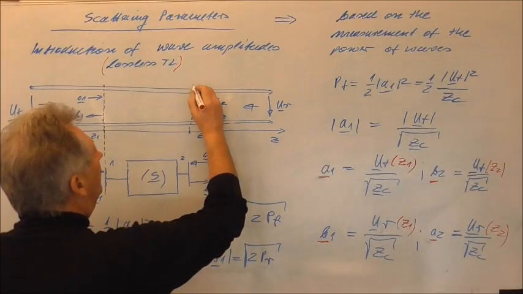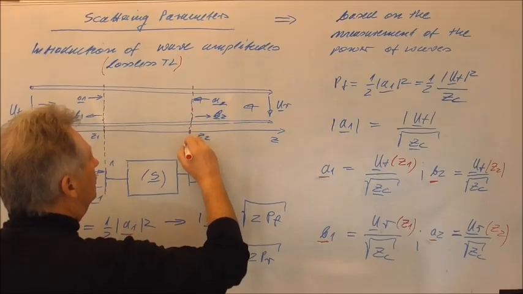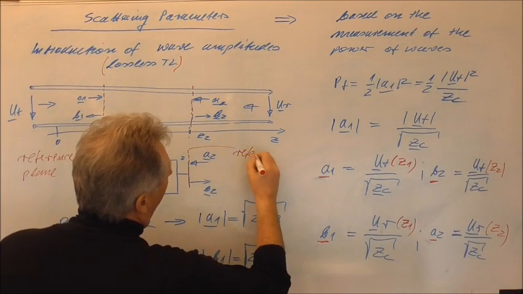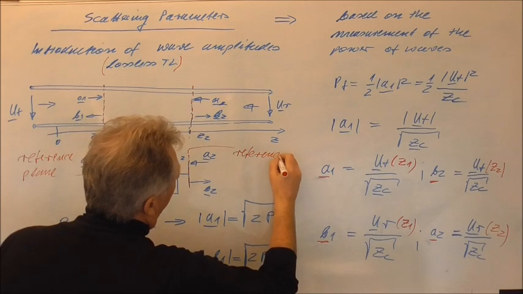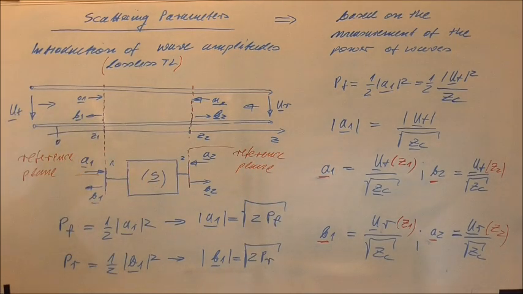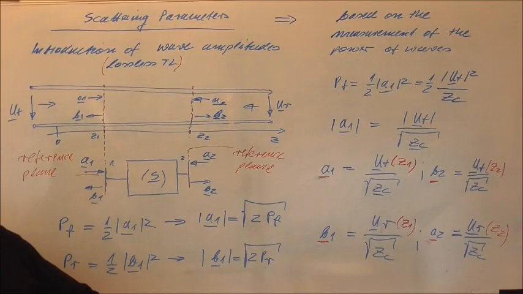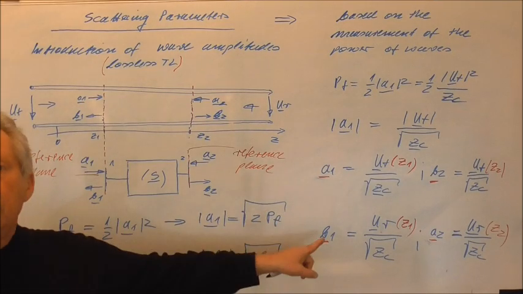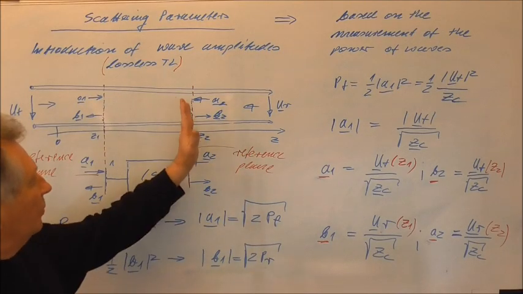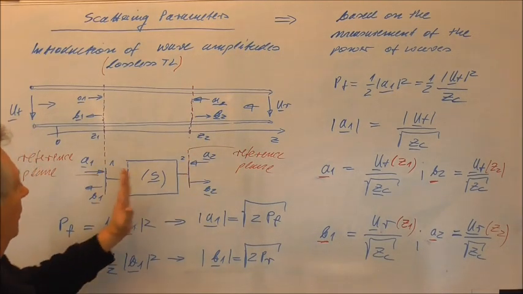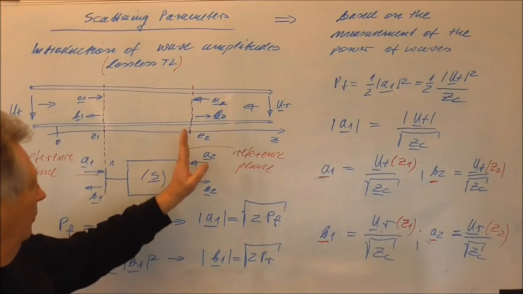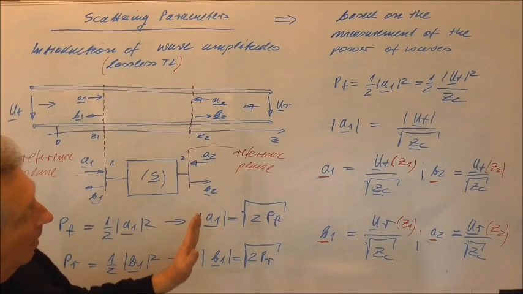So also here we introduce a reference plane, which results in the fact that the phases of the wave amplitudes are always defined with certain reference planes, and these are denoted by this vertical line.